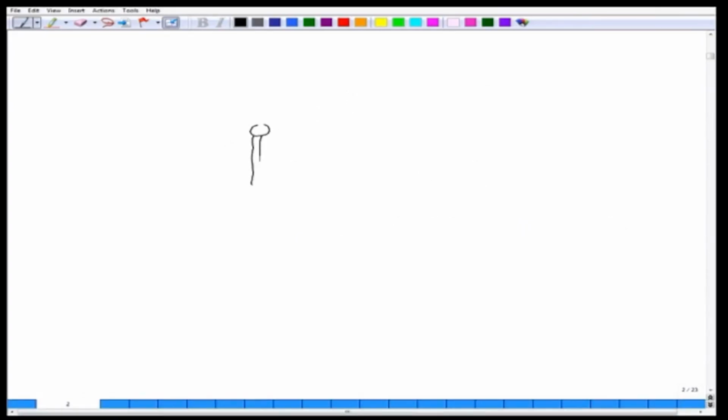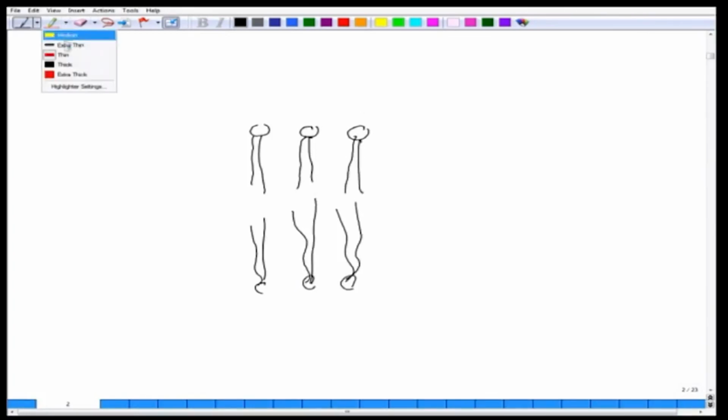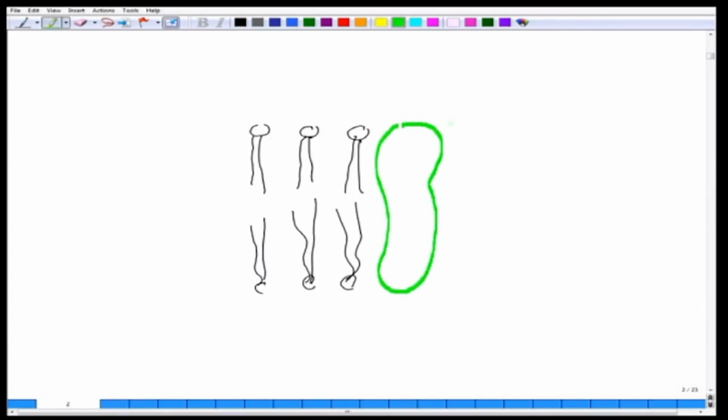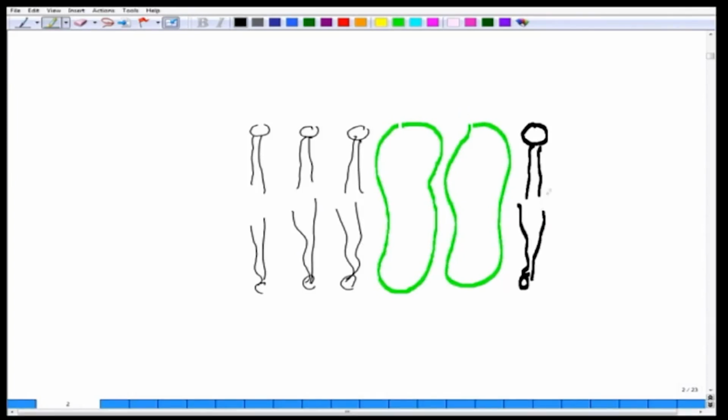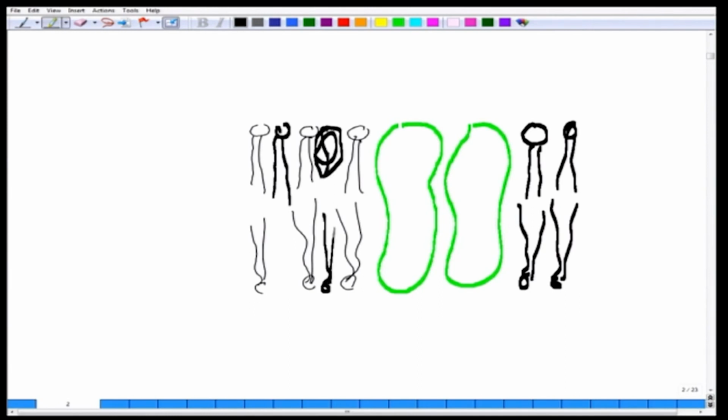I have already told you that a cell is a bilipid membrane like this, and in between you have a series of membrane proteins sitting like this, channels, and you have cholesterol molecules and all those things sitting there.